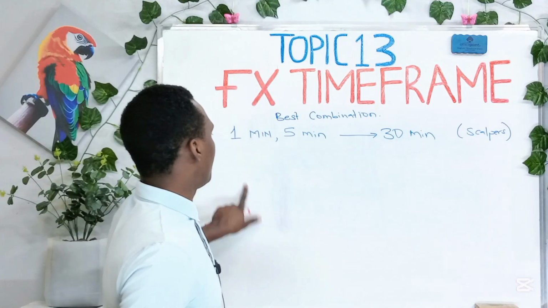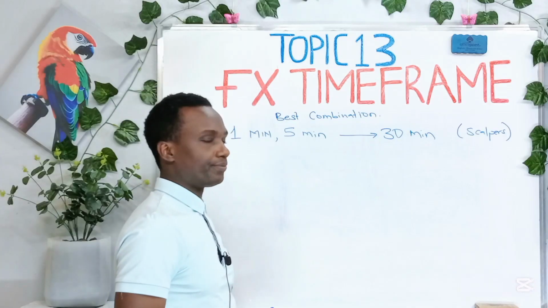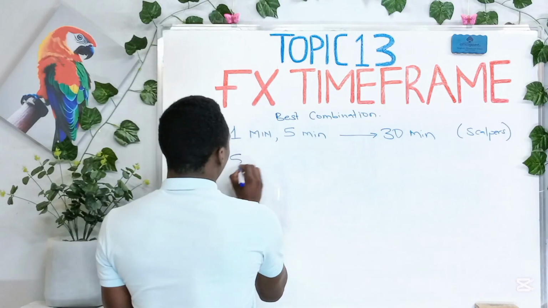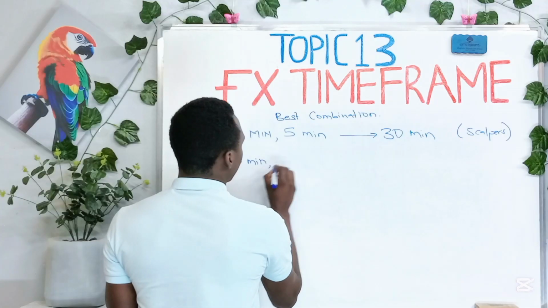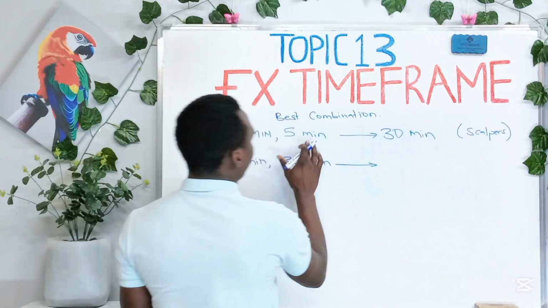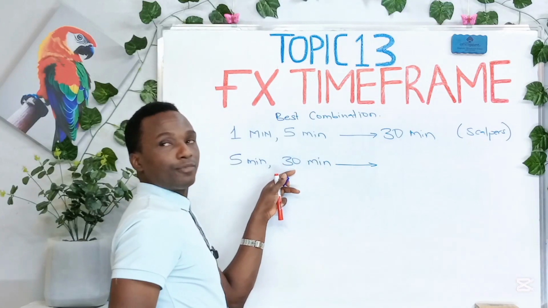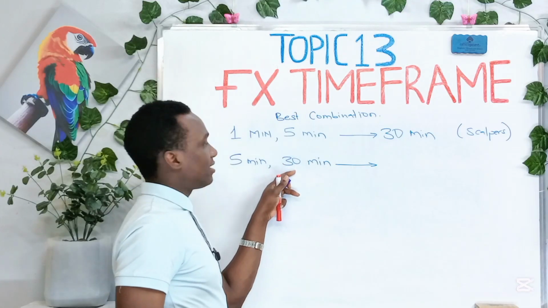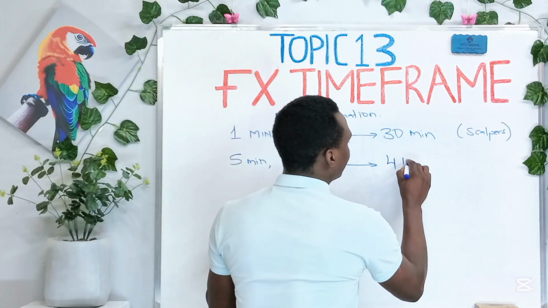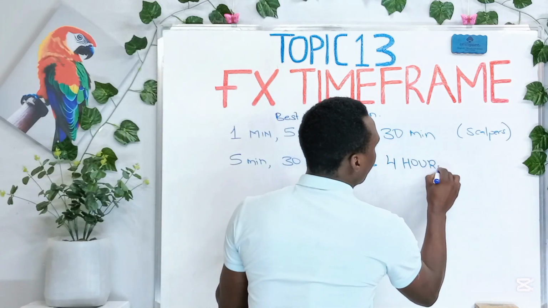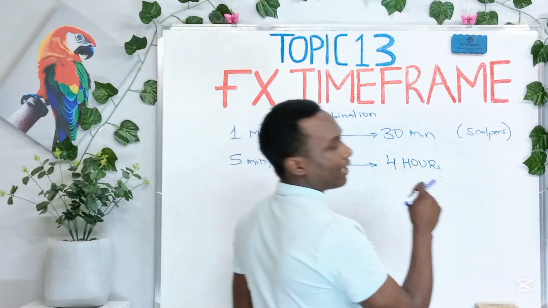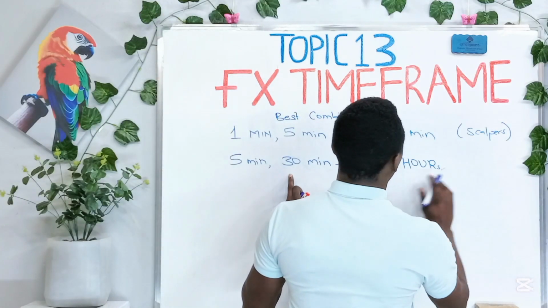The second combination is you can do 5 minutes, 30 minutes as your low time frame analysis, and on the higher time frame analysis, you can do 4 hours. So this is for short term, this is for day traders.